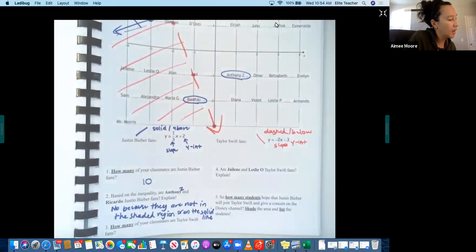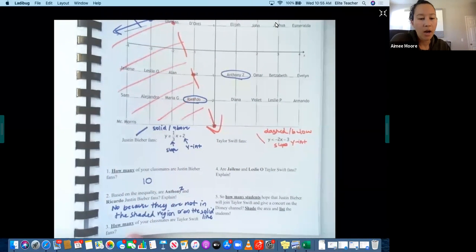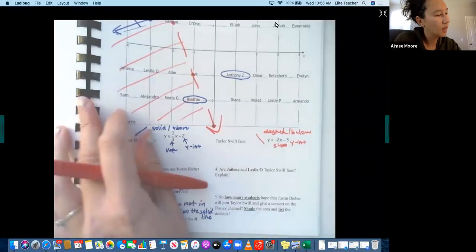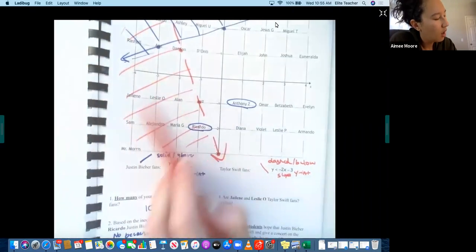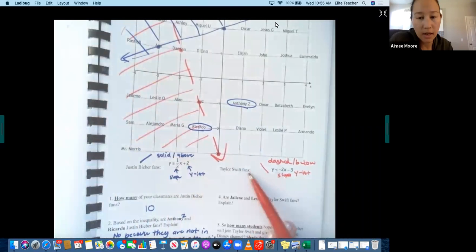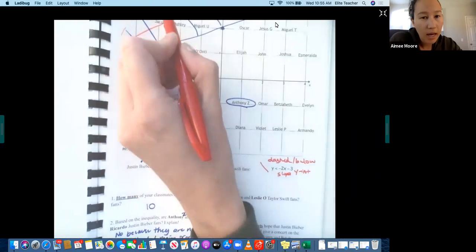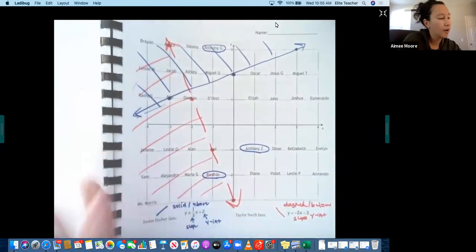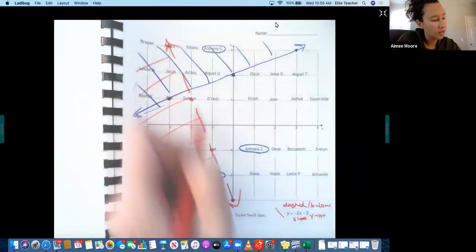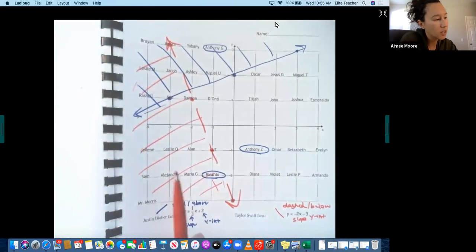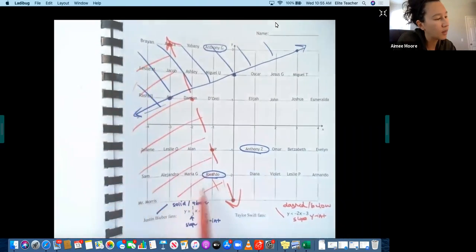Okay, so how many of the students are Taylor Swift fans? So Taylor Swift fans are all in the red, right? And if it's a dashed line, that means that Luz, Damien, and Afra are not Taylor Swift fans because they are on a dashed line. So we just have to count all of the students that are in the shaded region.